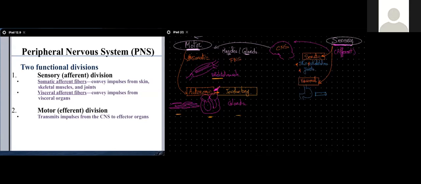The following chapter is going to be the autonomic nervous system. So this classification needs to be crystal clear in your mind. Because if you don't understand the difference between autonomic nervous system, somatic motor nervous system, somatic sensory, visceral sensory, you're going to be in trouble until the end of the semester.